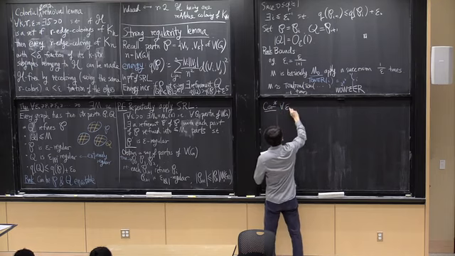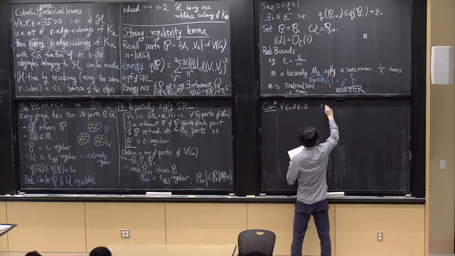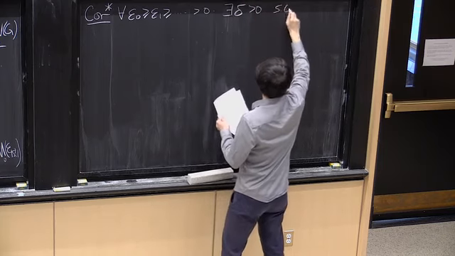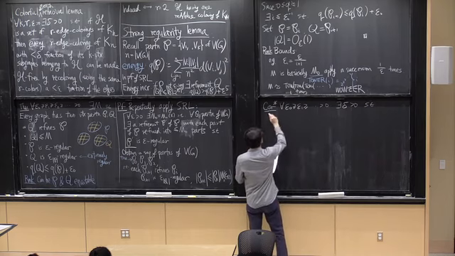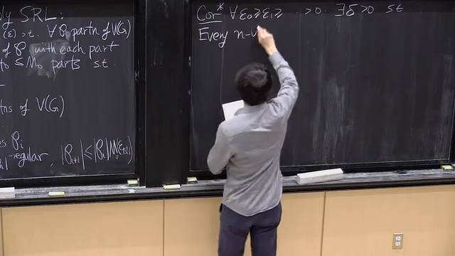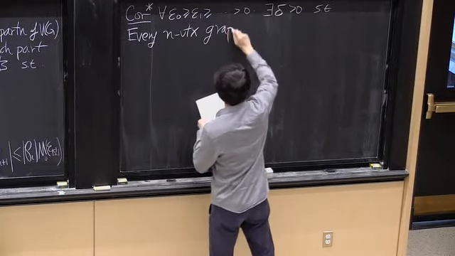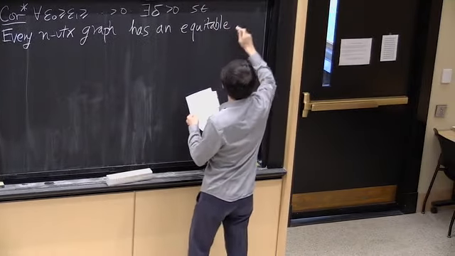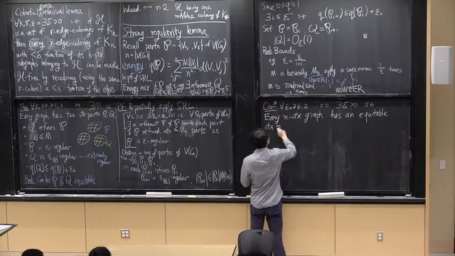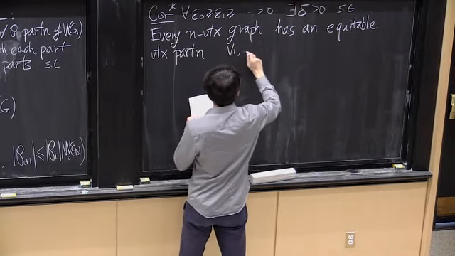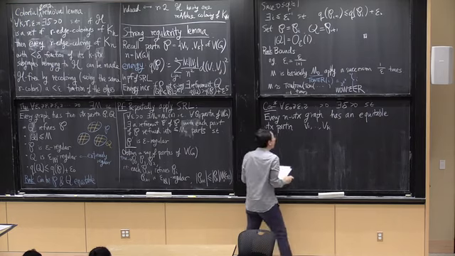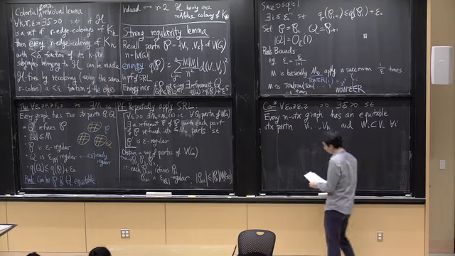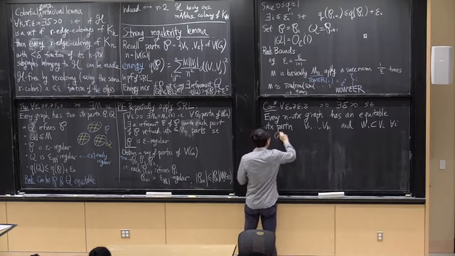If you start with a decreasing sequence of these epsilons, then there exists a delta such that the following is true: every n-vertex graph has an equitable vertex partition, call it V_1 through V_k, and a subset W_i of each V_i, such that the following properties hold.